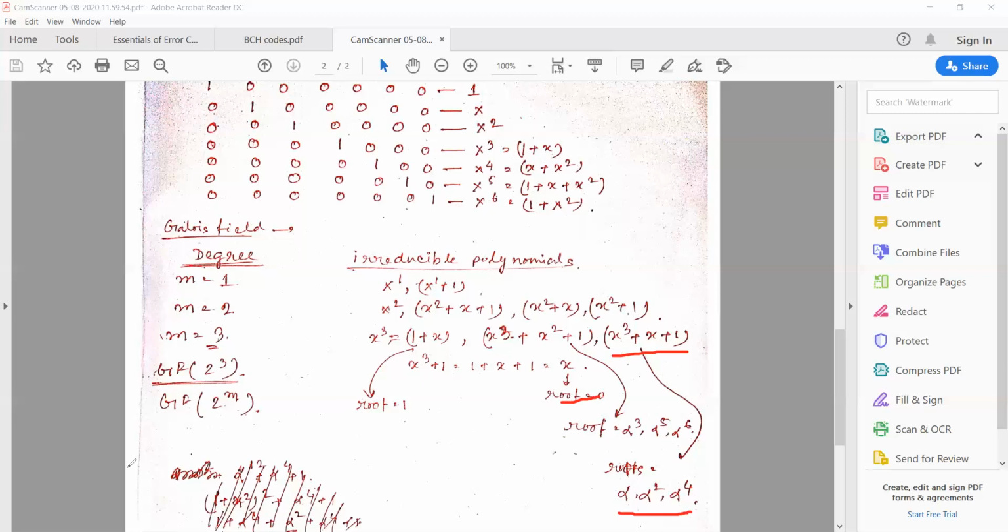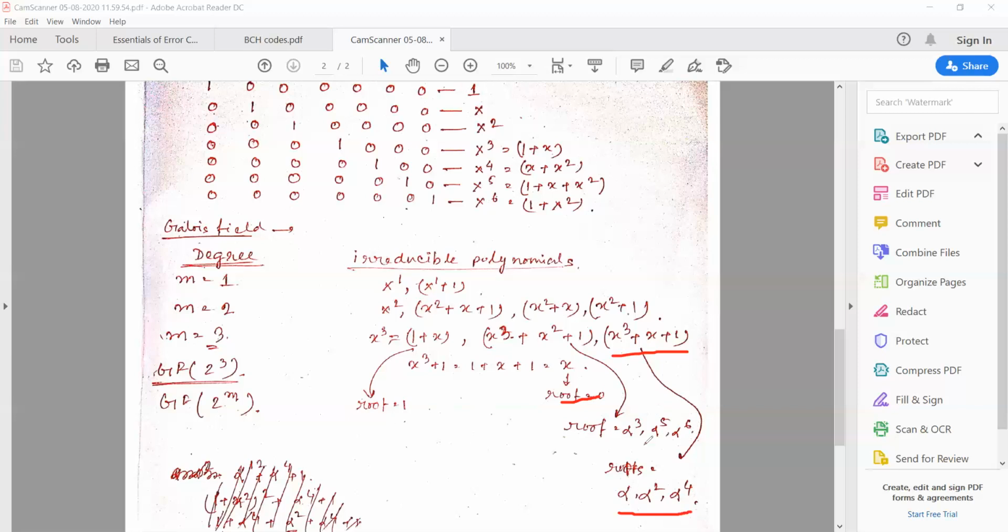So for the cyclic code C cyclic (7,4) in GF(2 to the power 3), that means Galois field of 8 elements, the possible elements, or you can say the possible roots, are 0, 1, alpha, alpha square, alpha to the power 4, alpha cube, alpha to the power 5 and alpha to the power 6.